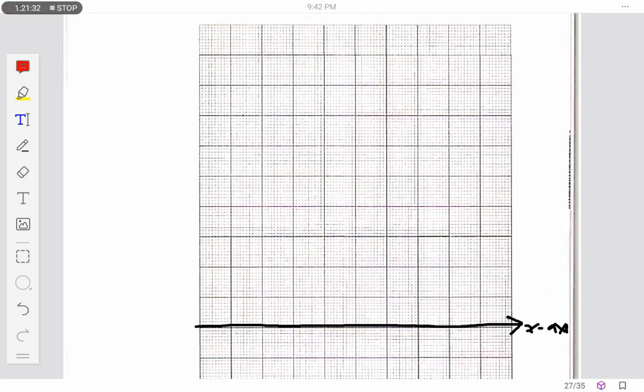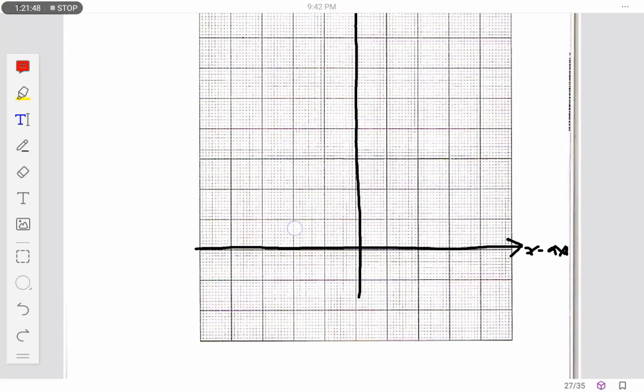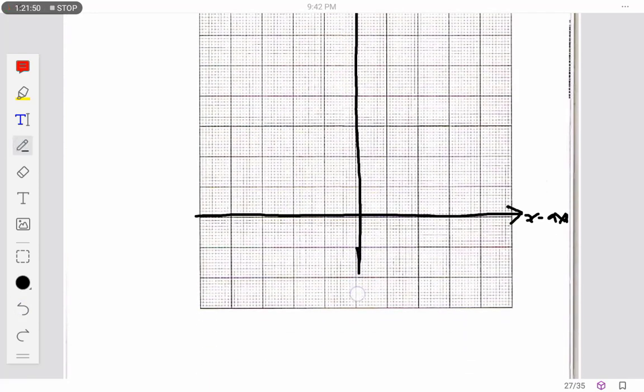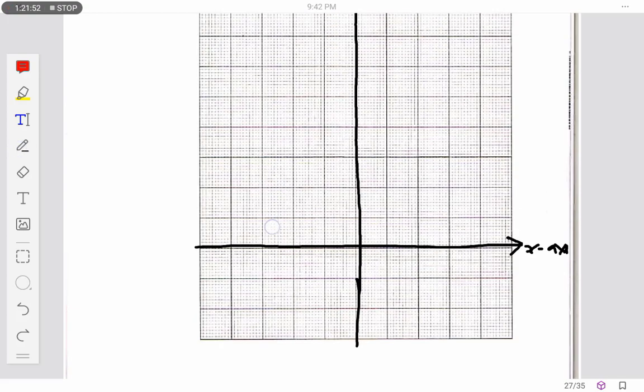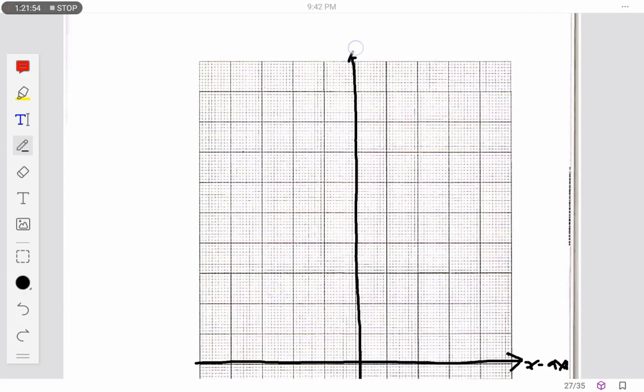It doesn't matter there because it's from minus 5 to 5. So I can have it going down like this. Let's finish it. It goes down like that. Okay, then this is the y-axis.